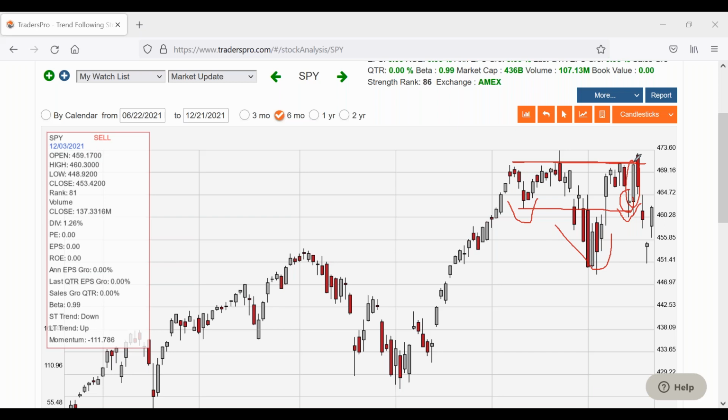Well, what do you do when there's an 85 to 90% probability of the market going higher? Well, that's a good time to buy. The probability is in your favor that we were going to get that breakout. Okay. Now, what the market reminded us, though, and this is why no matter how much analysis we learn, no matter how much we educate ourselves, we cannot know exactly what the market is going to do.